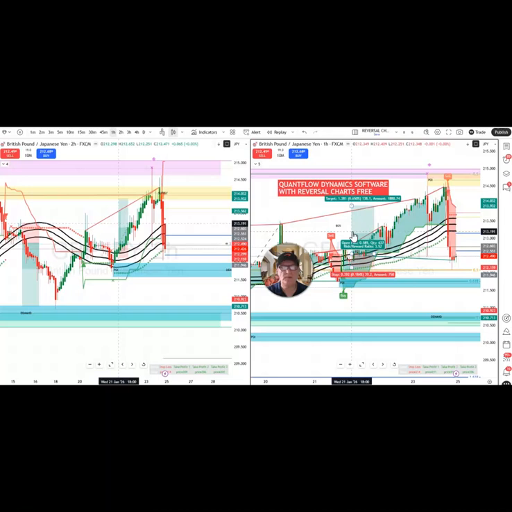Now the other thing to bear in mind at this juncture, you already have a target given to you on the software here. Okay, so let's move that along. So if I do that, you can actually see that if I go for that target, well, it would have reached that target, but that's not the point. Hindsight's wonderful, but this target has already been given to you by the software.